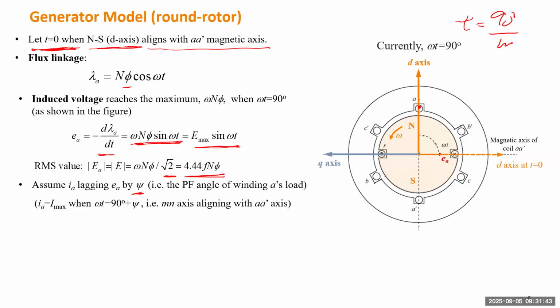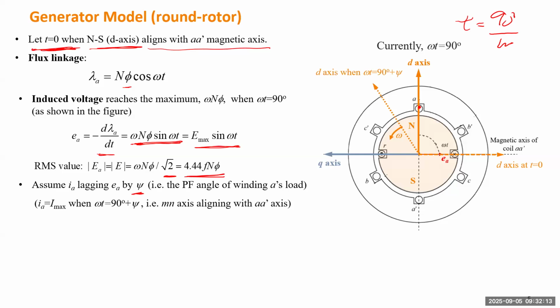Okay, so we have to figure out how to draw the direction of the winding A current. If it's lagging the voltage by angle psi, which means at this moment the voltage has the maximum value, if I turn the rotor by another angle psi, the current will reach the maximum value.